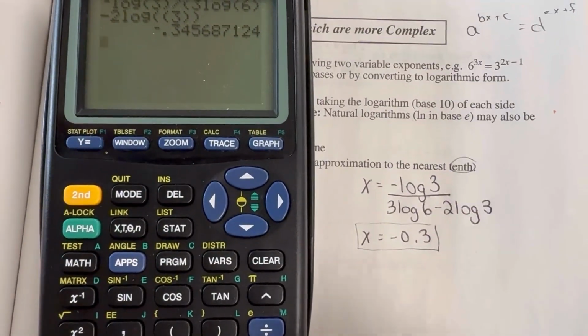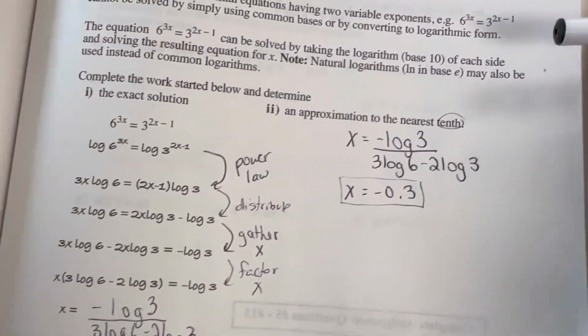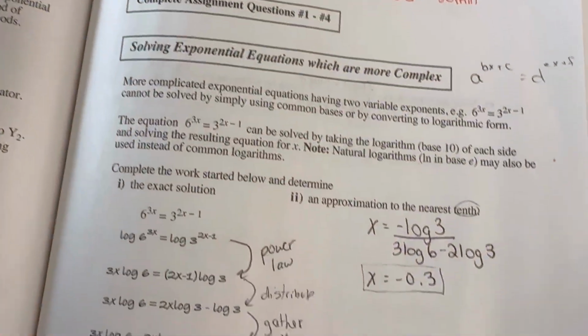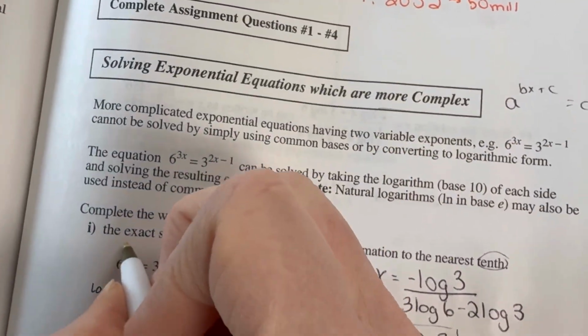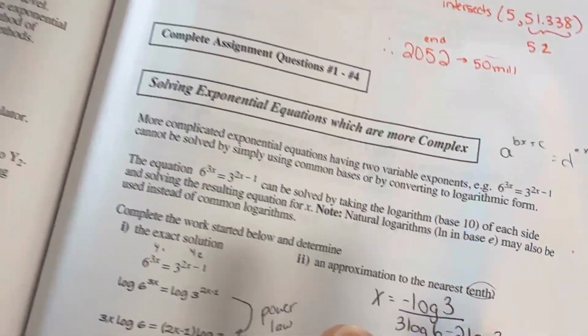You could always use y1, y2 and find the intersection just to make sure that you've got that value.